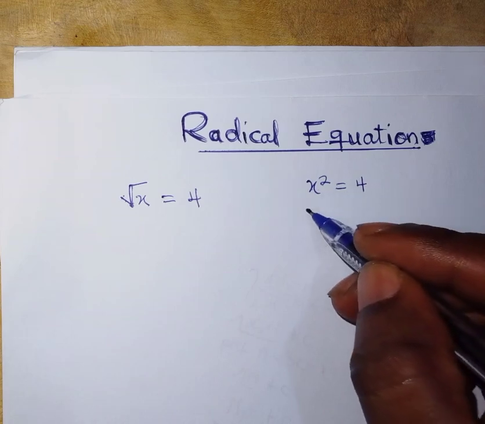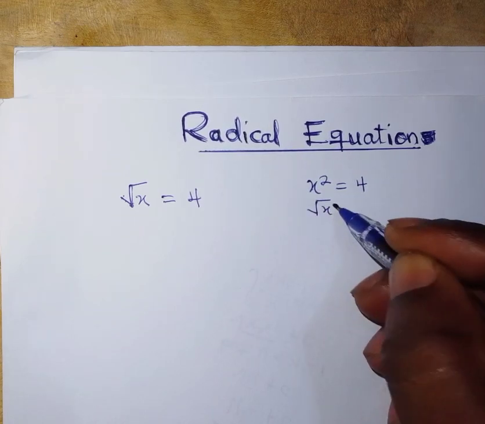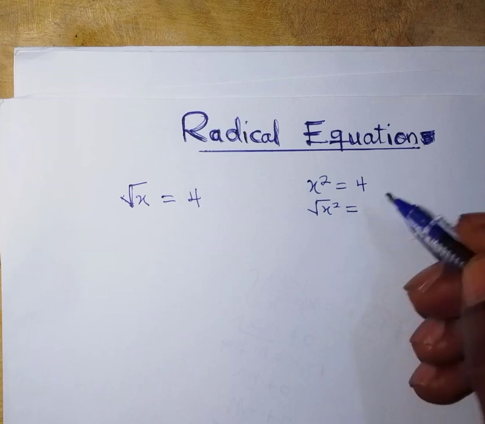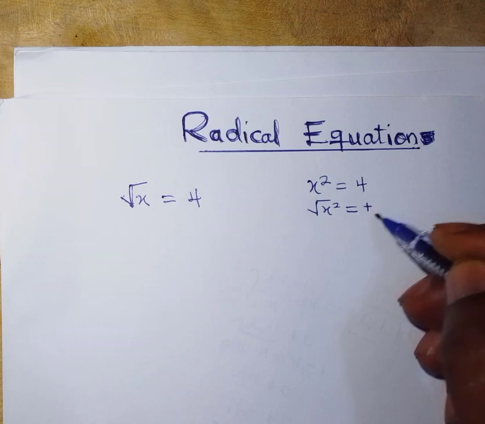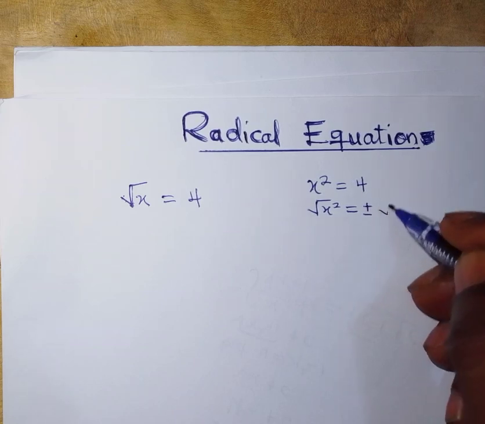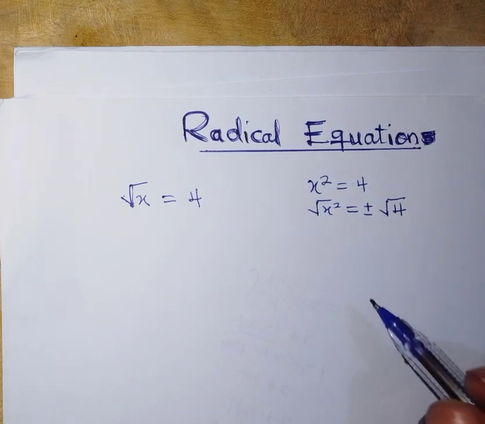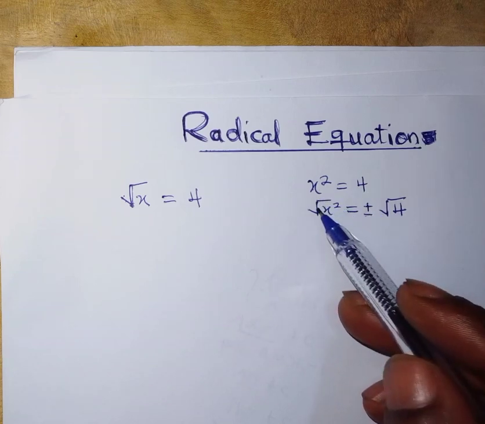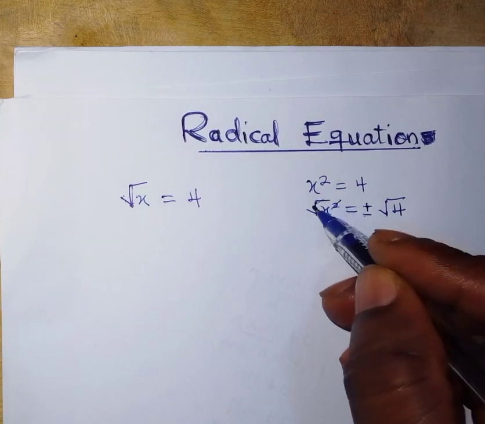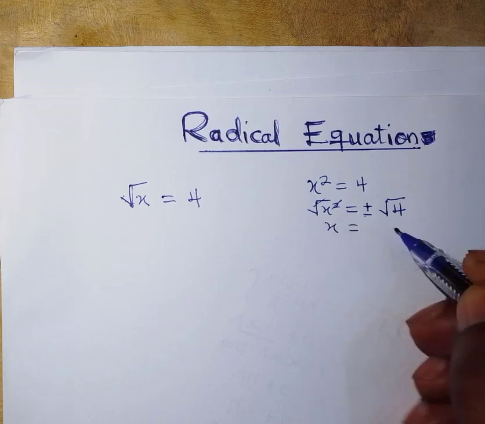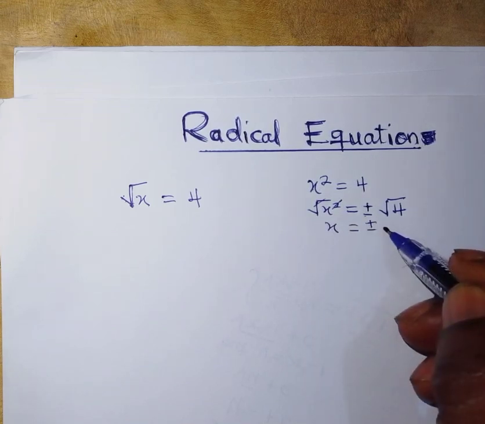So x is equal to plus or minus square root of 4. Why plus or minus? Whenever you are taking a square root, you are going to get two solutions. That's why we have plus or minus here, so that at the end of the day, x is equal to plus or minus 2.